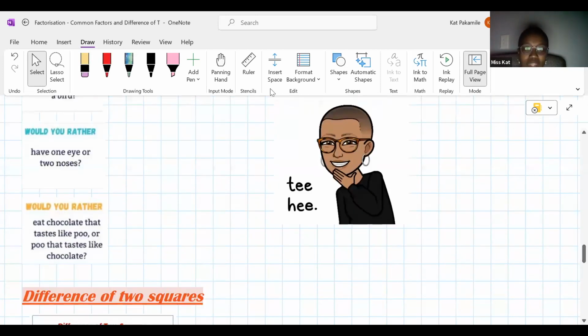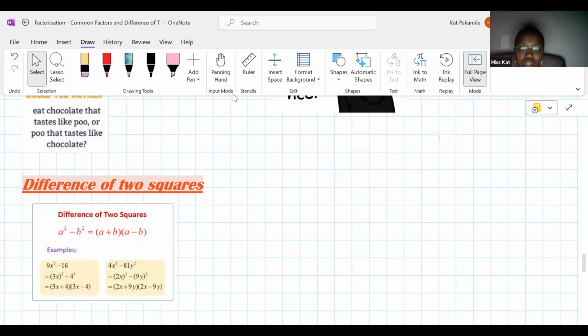Okay. Everybody have a stretch. We have one more concept today. Okay, we're ready. Let's see. So now we're going to do the difference of two squares. So guys, when I say find the difference, yes, Tato.